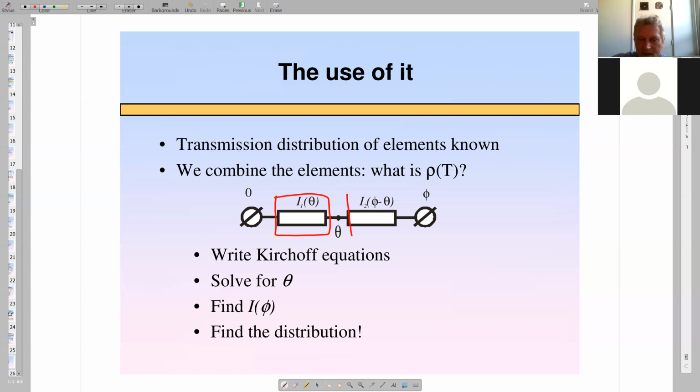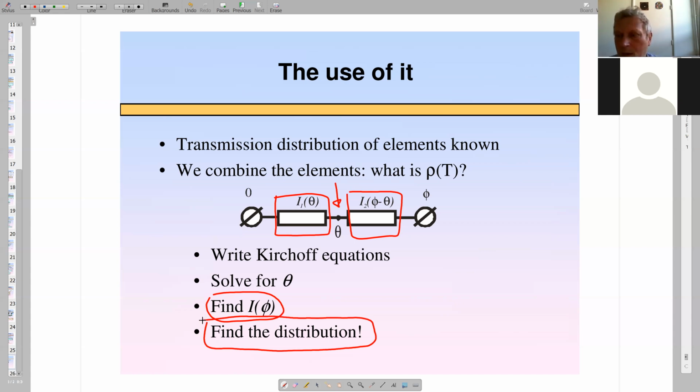I put these two in series, and I implement current conservation to determine the phase in this node and to find the overall dependence of current on the phase. And this will give me the possibility to find the transmission distribution for the resulting circuit.